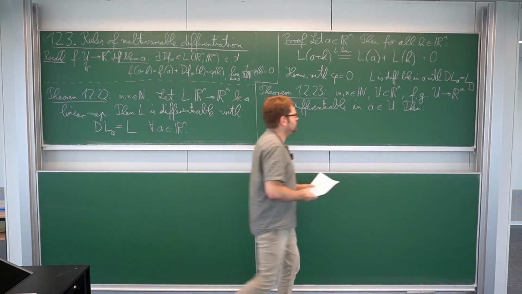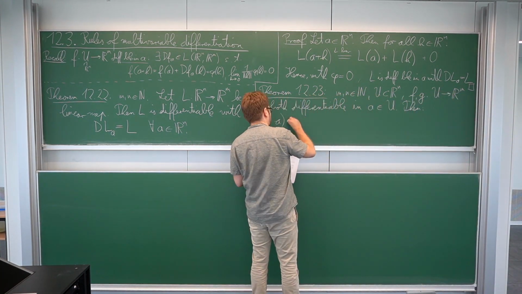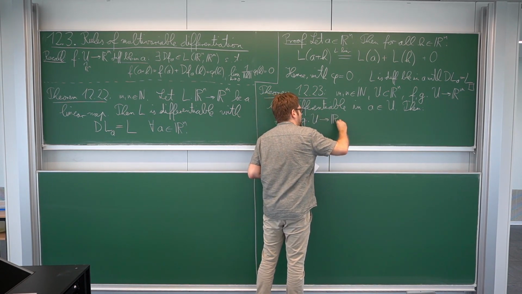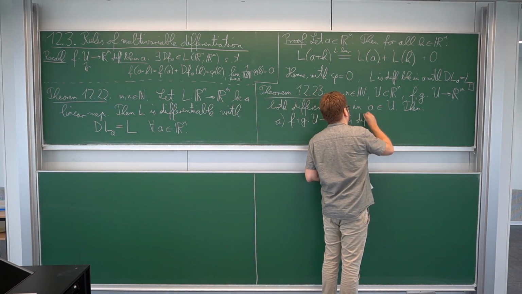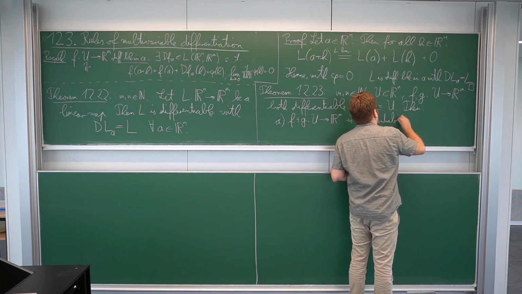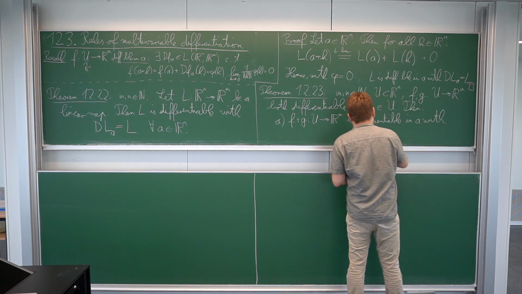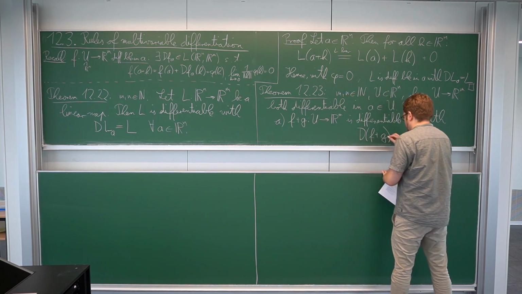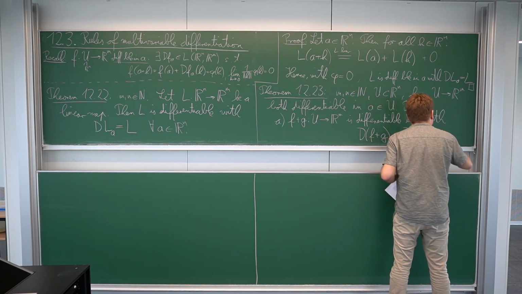The sum is, of course, the pointwise sum of vectors in R^m, so f plus g, which we have already defined earlier, from U to R^m. So we're just adding pointwise. This is differentiable. We have seen before that it's continuous, but now it's also differentiable in a. And the differential of the sum is the sum of the differentials, with d(f+g) in the point a being just df_a plus dg_a.